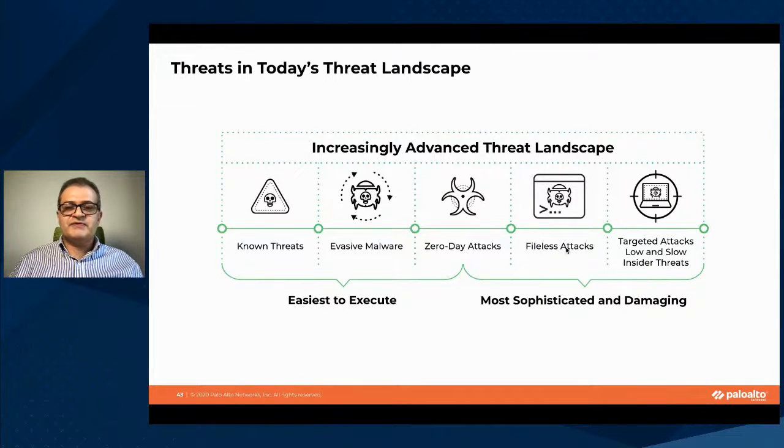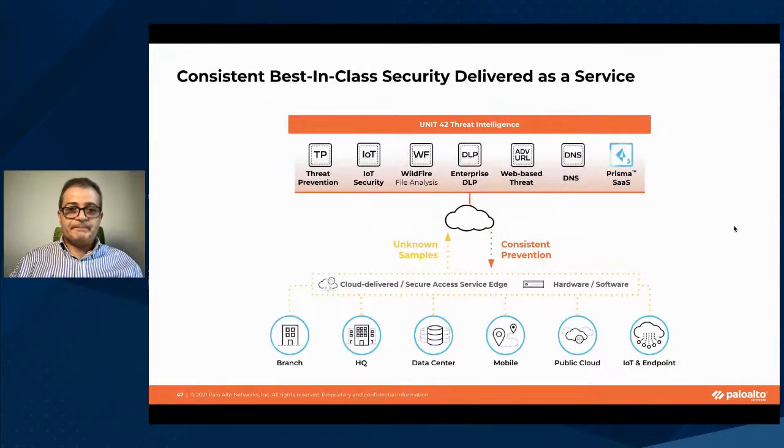This is much more sophisticated and damaging. What about targeted attacks, the attacks that are carried out over a long period of time, something that can escape under the radar? How do we detect this and block it? All of these need to be taken into consideration when designing a zero trust network security. And in all of these areas, Palo Alto Networks will be able to help you out.